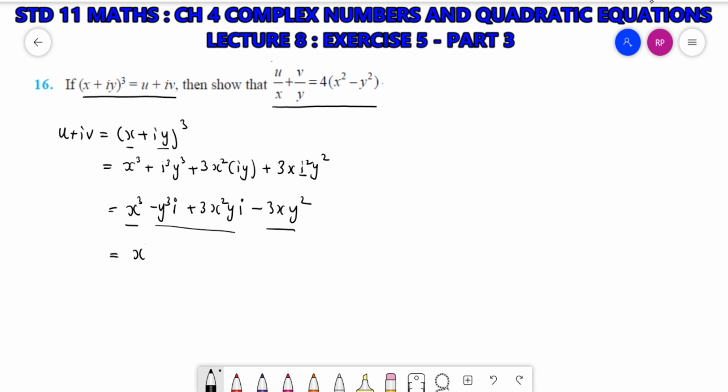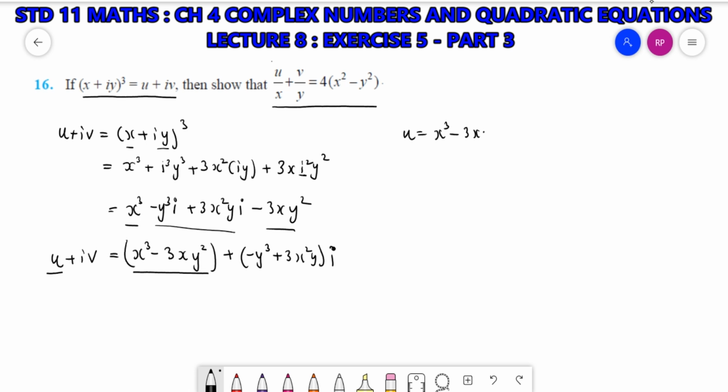So x cube minus 3xy square plus i times (minus y cube plus 3x square y). So u will be equal to x cube minus 3xy square, and v will be equal to minus y cube plus 3x square y.